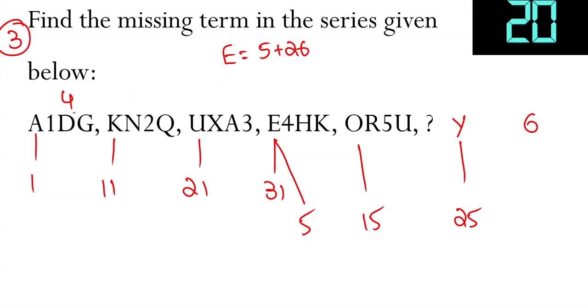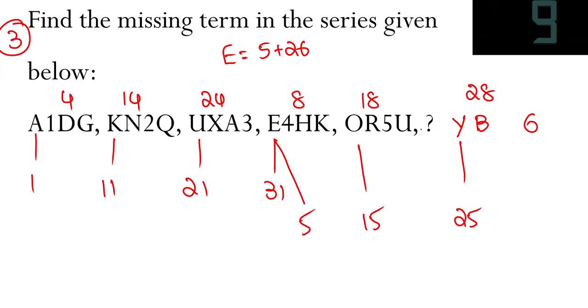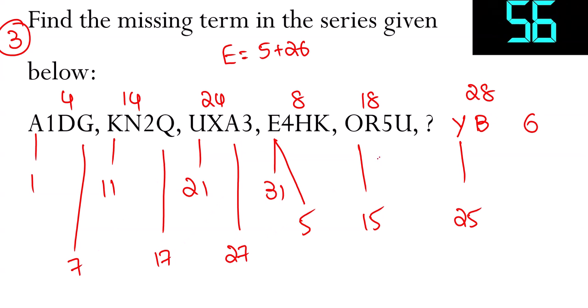Next D is 4, N is 14, this is 24, like plus 10. Here 8, here 18, plus 10 means 28, 28 means nothing but B. Z is 26, A is 27, B is 28. What about this last one? This is 7, 17, plus 10. Here we have 21, this is 11.